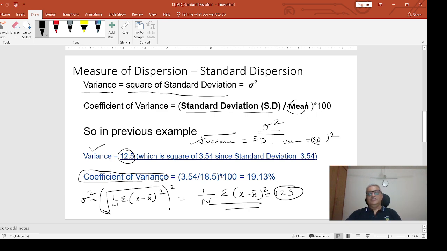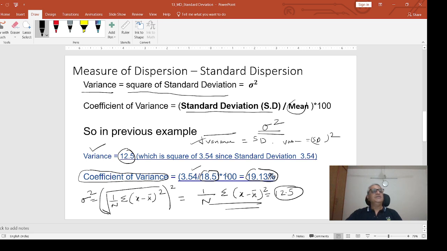Okay, so my mean of the series in the previous example was 18.5. So 3.54 divided by 18.5 multiplied by 100 gives me 19.13. And since I'm multiplying it by 100, I can put percentage here. So it actually says that out of 18.5 mean, my standard deviation is 3.54.